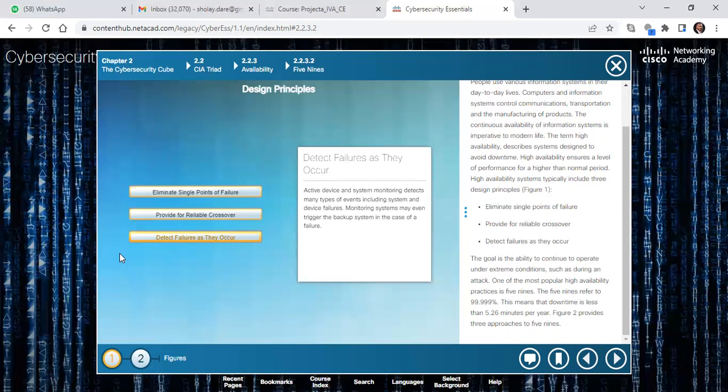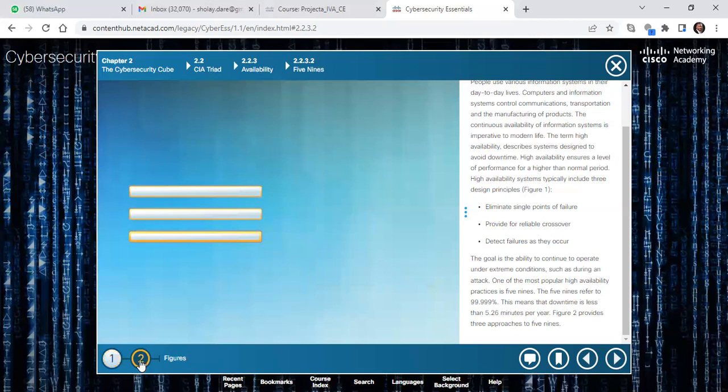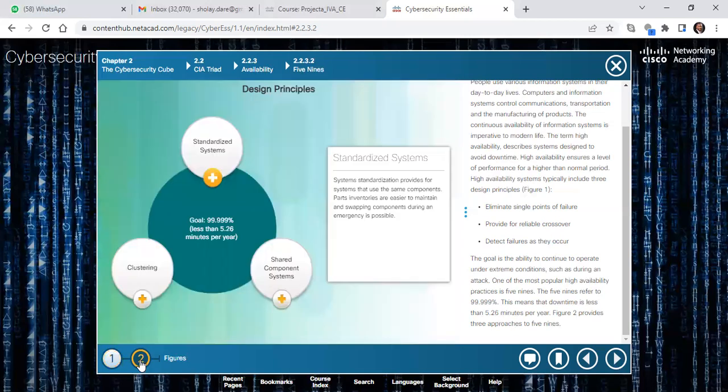Meaning you have created a system whereby the only downtime you will experience will happen for just about 5 minutes. Now let's look at this design principle so you can have full understanding. The first one is standardized systems. The goal is to have 99.999%, less than 5 minutes downtime per year.